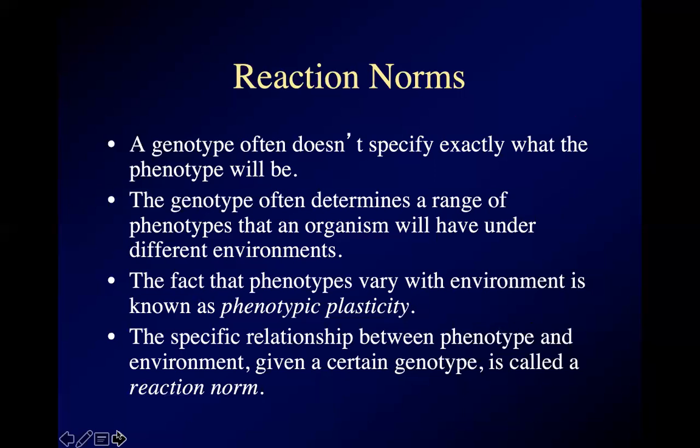So phenotypic plasticity is like the ability to mold the phenotype. And the mathematical relationship between phenotype and environment for any given genotype is called the reaction norm. Let me see if I can clarify this with an example or two.